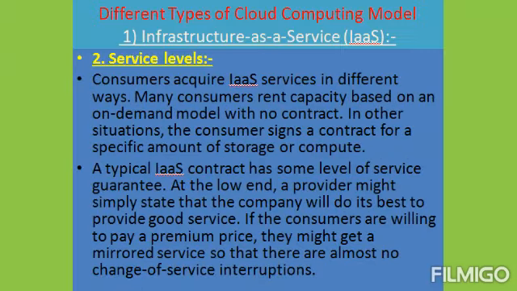A typical IAAS contract has some level of service guarantee. At the low end, a provider might simply state that the company will do its best to provide a good service. If the consumers are willing to pay a premium price, they might get a mirrored service so that there is almost no chance of service interruption.